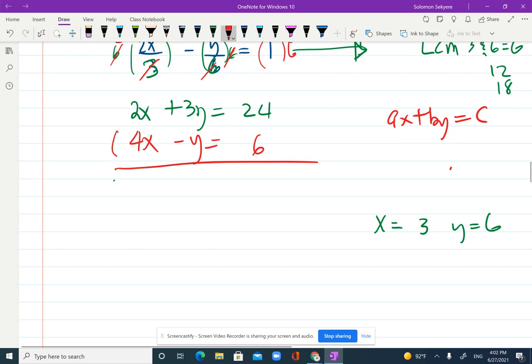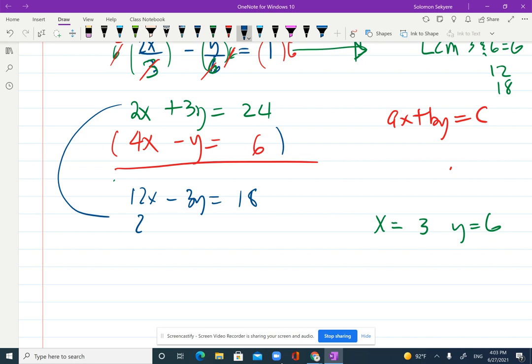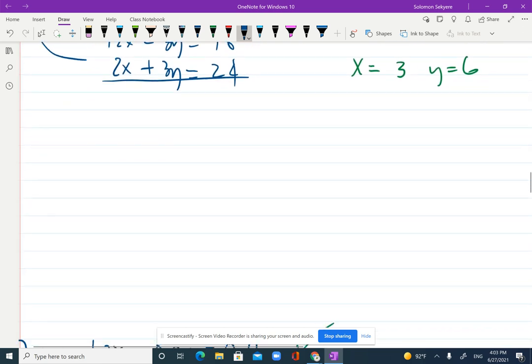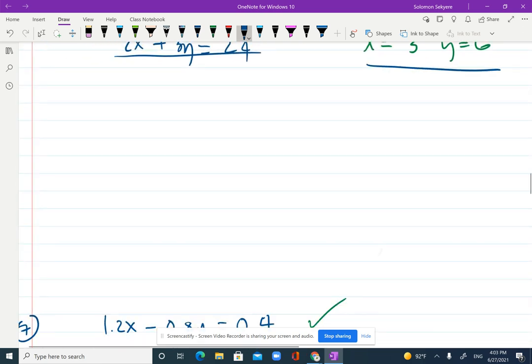If I multiply this by 3, I'll get 12x minus 3y equals 18. And of course, I can rewrite this 2x plus 3y equals 24. Now I have one of the variables with the same coefficient but opposite signs. I add, I get rid of it, and I solve, and I get x equals 3 or y equals 6.